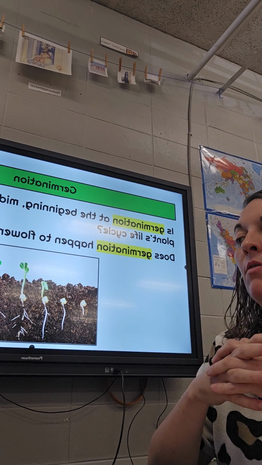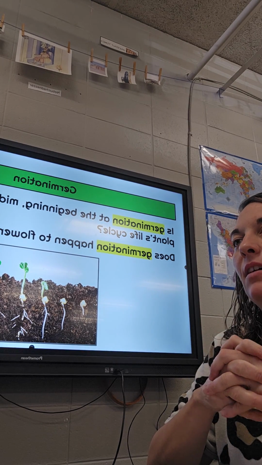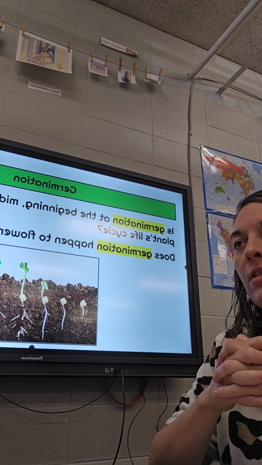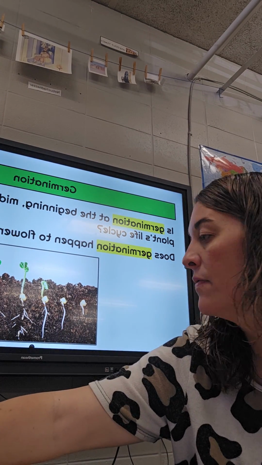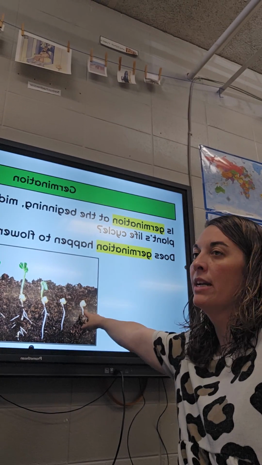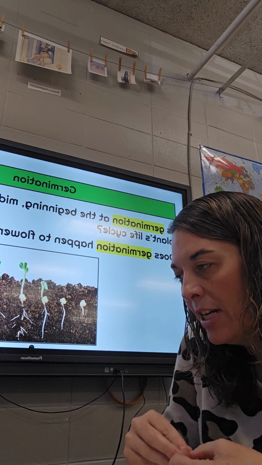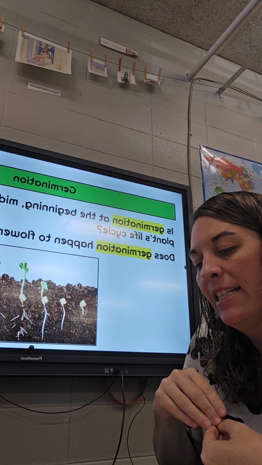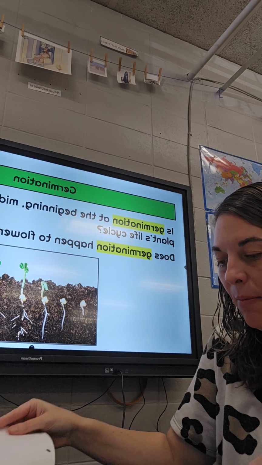The beginning. It starts everything. So it's going to be this first little one right here, when it's first starting to germinate. Does germination happen to flowers, leaves, or seeds? Seeds. Very good job.